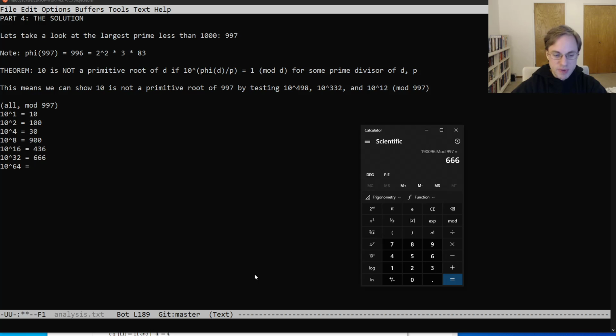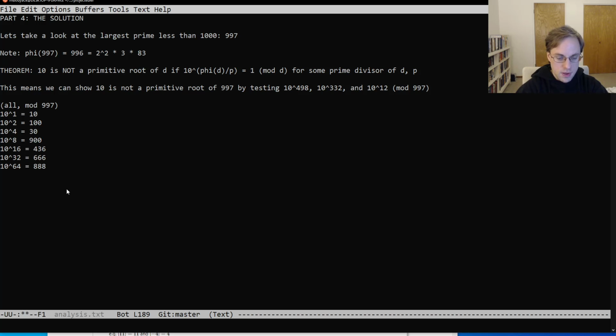As you can see, I'm repeatedly squaring both sides of our equation. Let's see here. We'll square this, mod 997, 888. And already you can see we've got this value, 10 to the 64th, congruent to 888 mod 997.